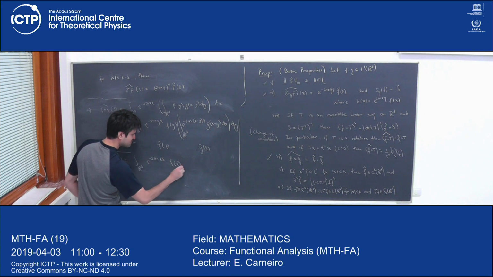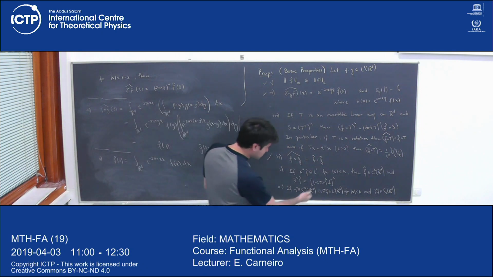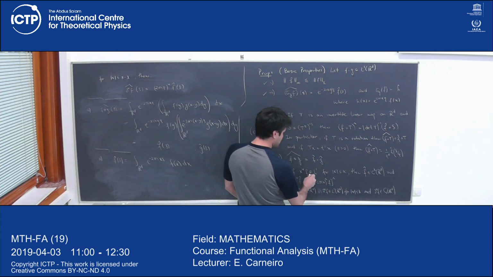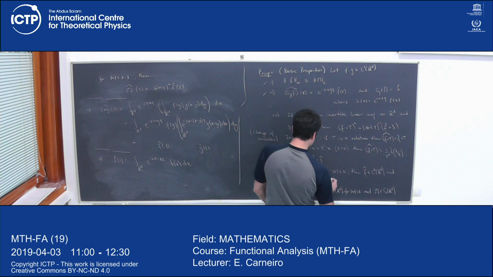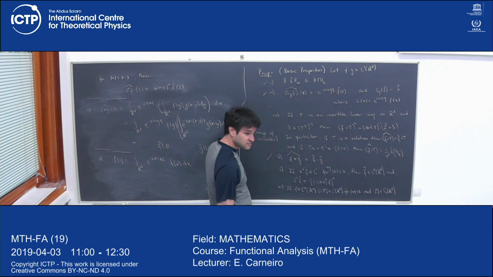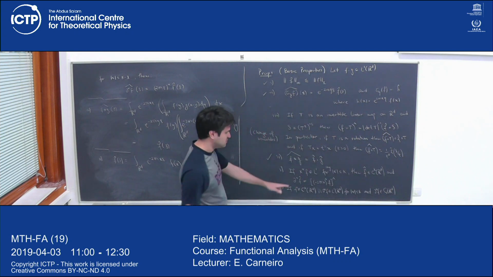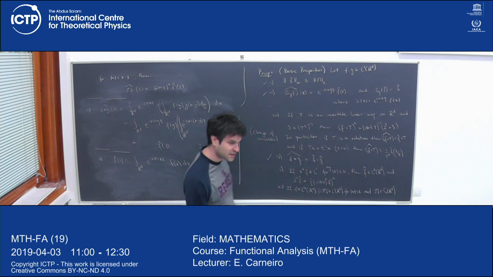I'm just confused here. When we say for modulus of alpha less than k, for any k, what is k exactly? For some k. So if x to the alpha f is in L1 for any alpha less than a certain k, then f hat belongs to Ck.